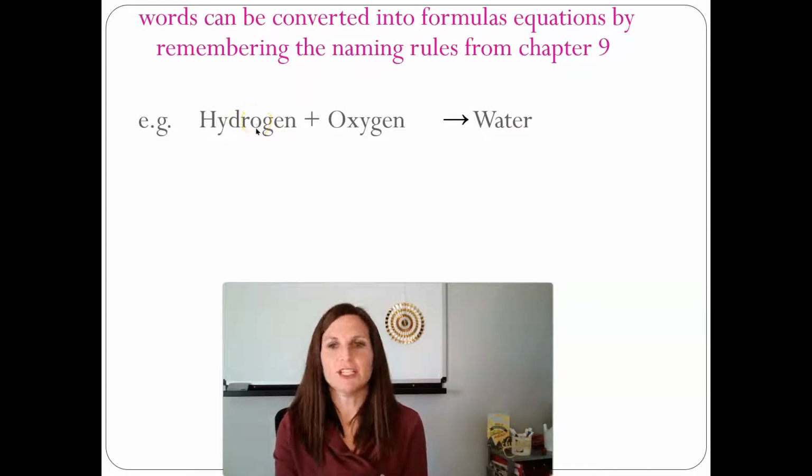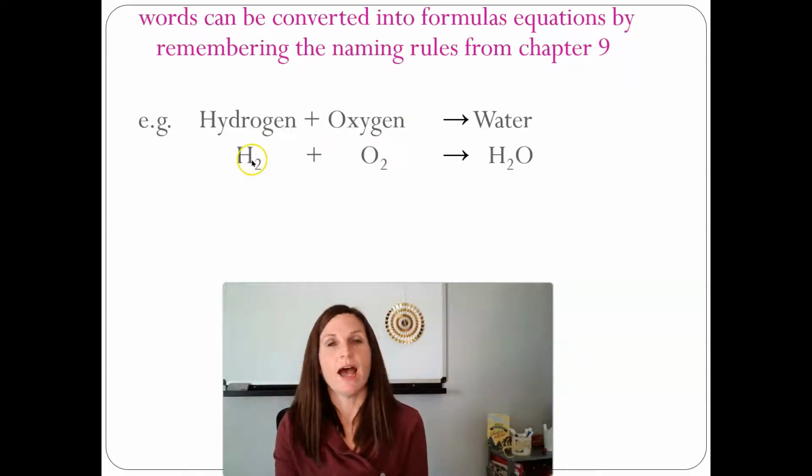And remember, hydrogen is part of that 6 in the shape of a 7 that come with the 2. So hydrogen is H2. And oxygen is also part of that group, so oxygen would be written as O2, and they're producing water, H2O, which we know is the formula for water.